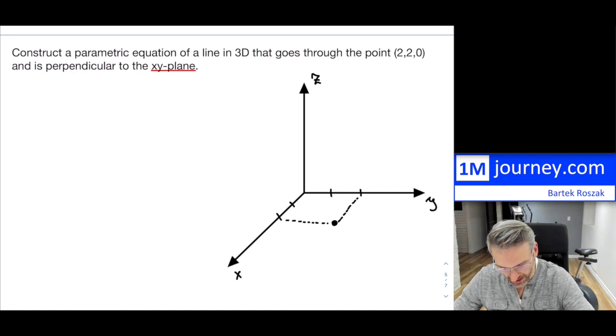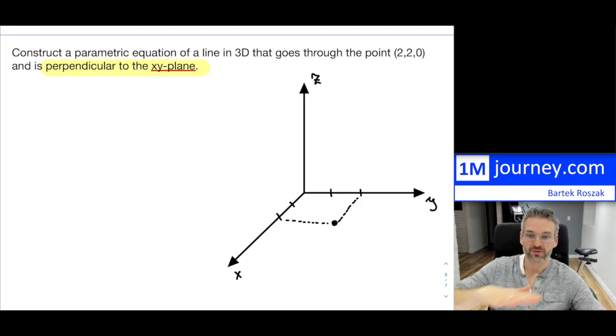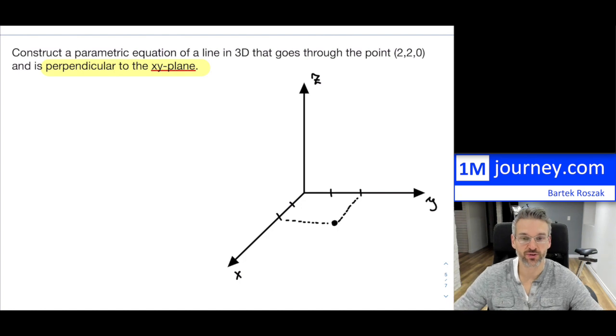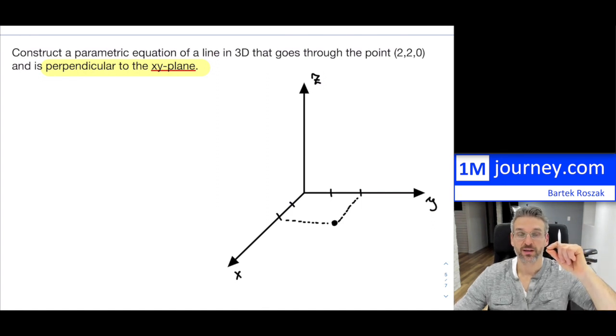Now, it's telling us that we want a line which is perpendicular to the xy plane. Well, the xy plane is kind of horizontal here, as you can see, so the line perpendicular to it has to be the line in the z direction, right?